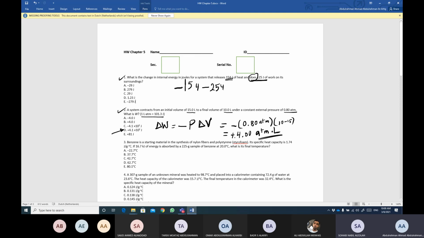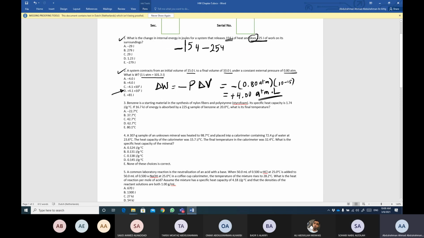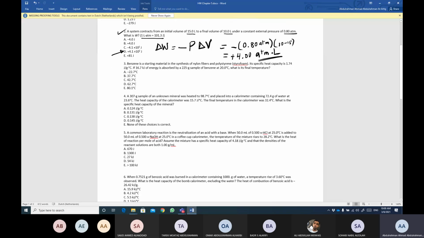Good. Number 3. Benzene is a starting material in the production of nylon fiber. Its specific heat capacity is 1.74. If 16.7 kilojoules of energy is absorbed by a 225 gram sample of benzene, what's the final temperature?